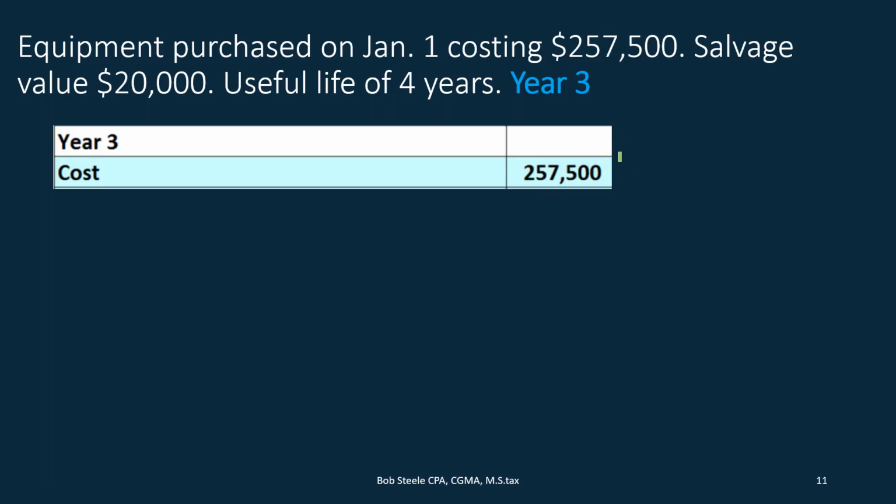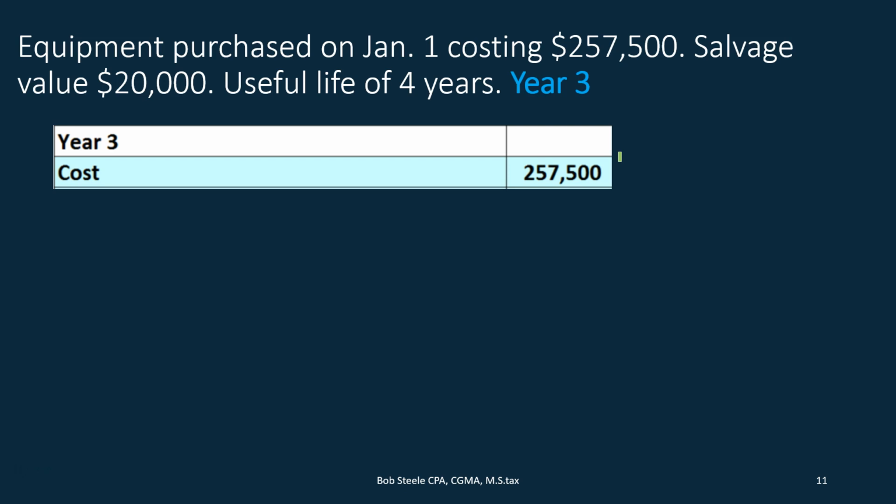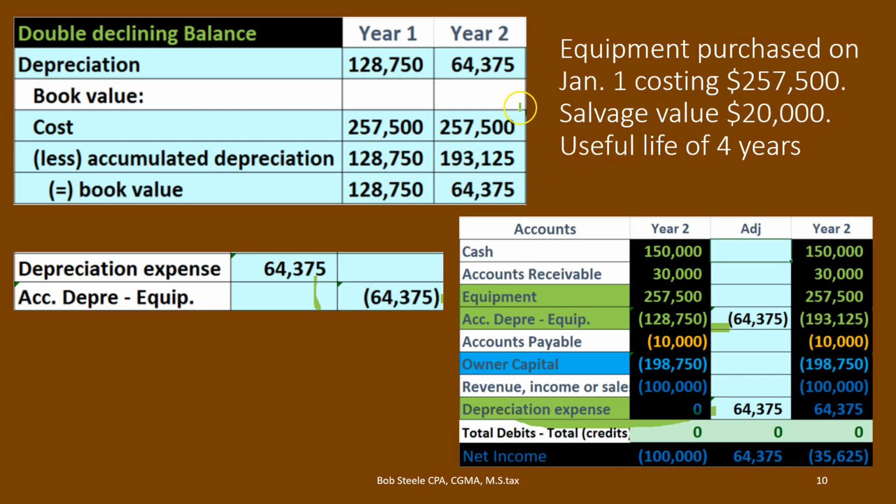We're in year 3 now. We've got the cost less the accumulated depreciation. The accumulated depreciation we are going to have to get from this table or some kind of calculation such as that. So note that when you set up a problem like this, they're probably going to ask you for at least year 2 or year 3, and you really want to set up a fairly well-organized table so that you can then go back and do the later calculations and calculate not just the depreciation expense, but also the accumulated depreciation and the book value.